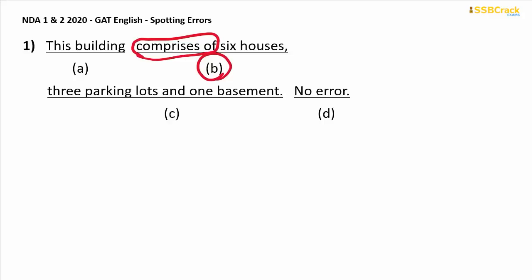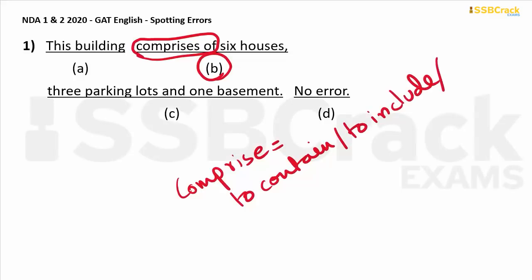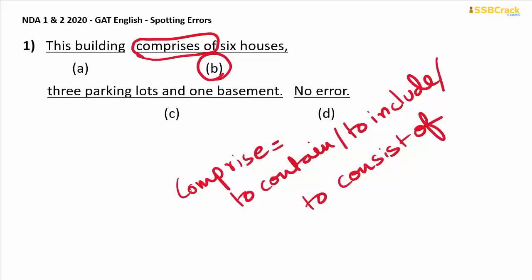Now, look into the word comprise. Comprise itself means to contain or to include or to consist of. So, when the word comprise or comprises or comprising is used, there is no need to follow that word with any kind of preposition.